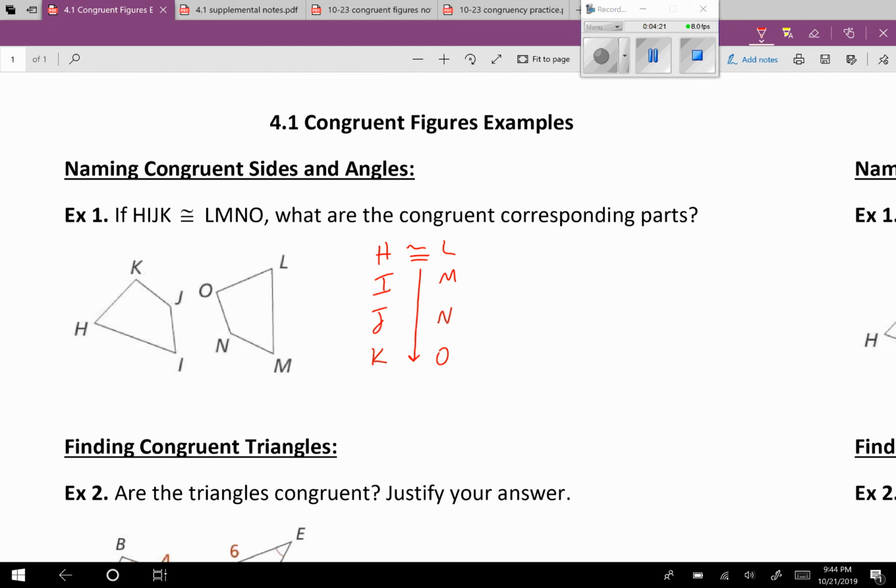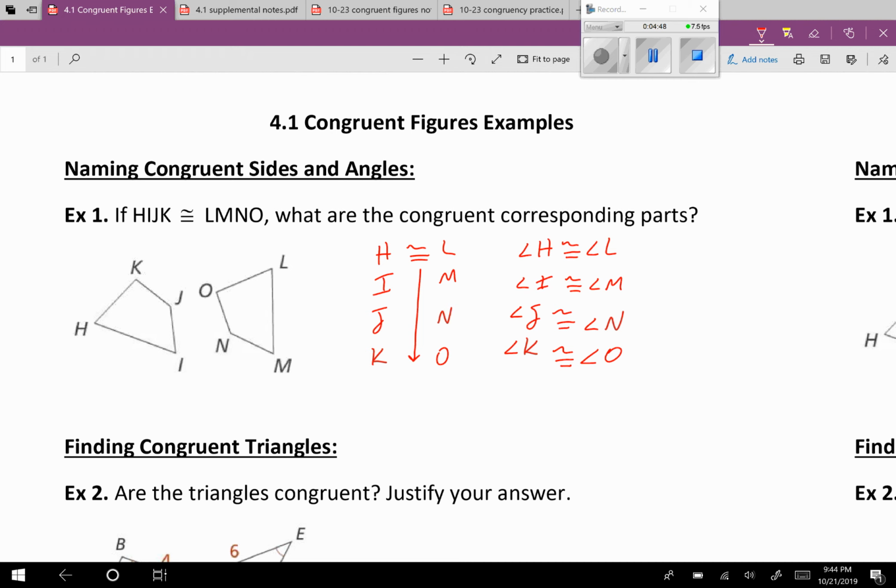So angle H is congruent to angle L, angle I is congruent to angle M, angle J is congruent to angle N, and angle K is congruent to angle O. So those are the angles that are congruent.